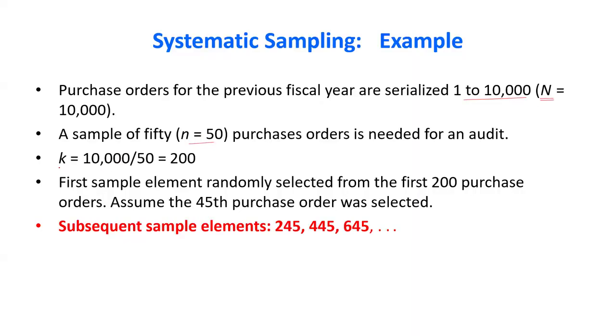What I will do is divide the entire data into different subpopulations, so there would be 50 groups of 200 each. The first sample element is randomly selected from the first 200 purchases, and like that I will have 50 samples. From each group I'll just take the element, and that's how I'll get a sample of size 50.